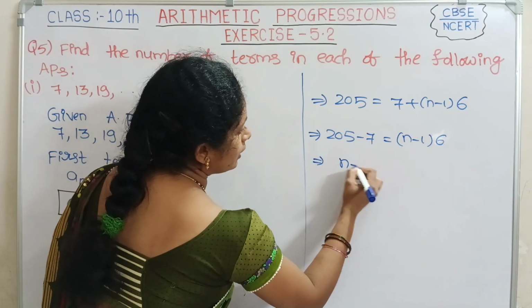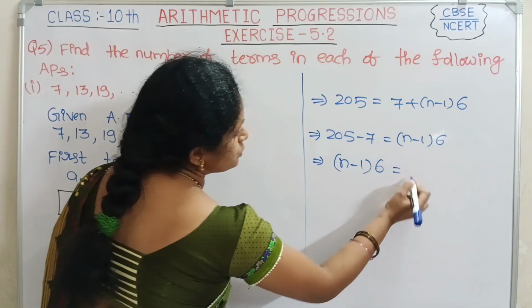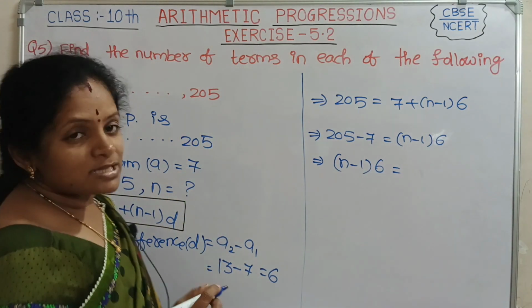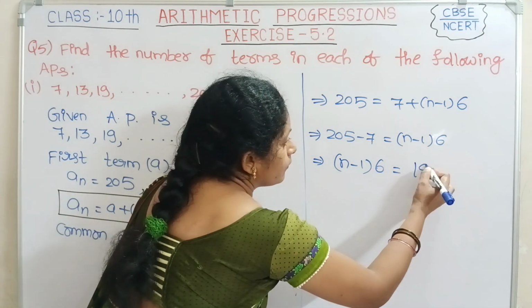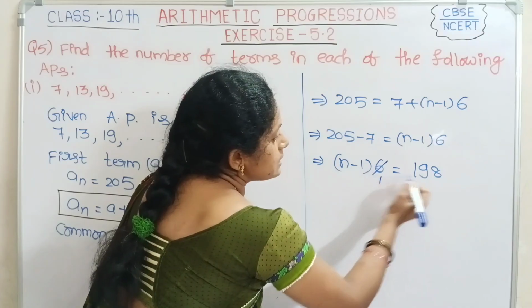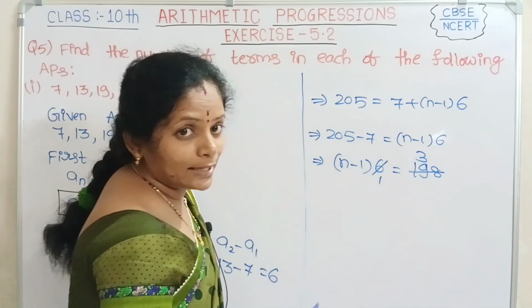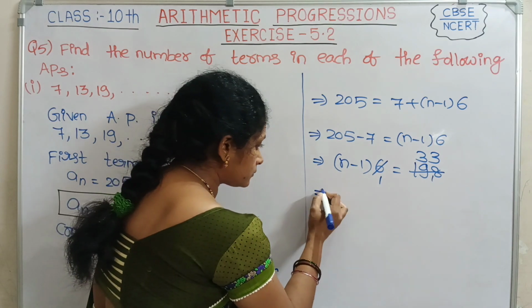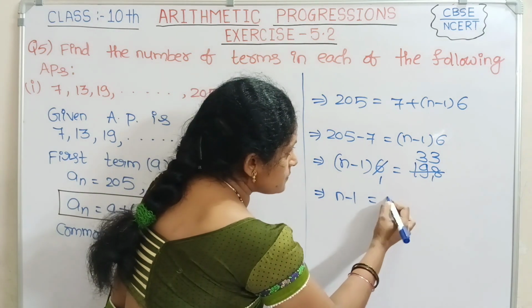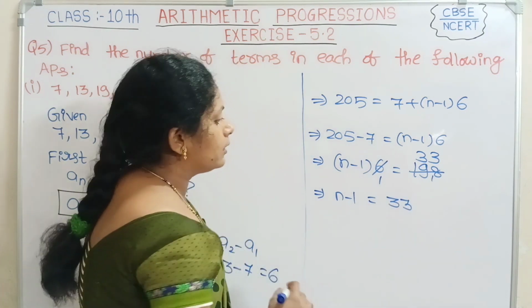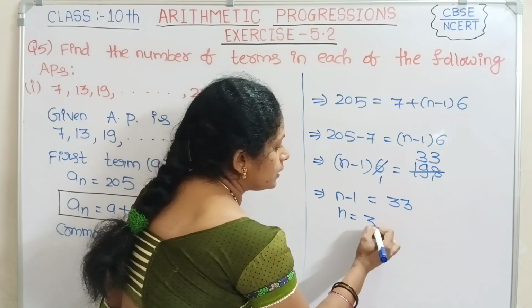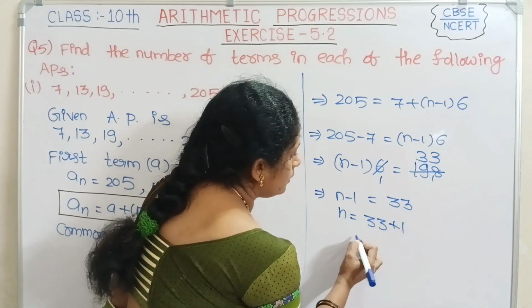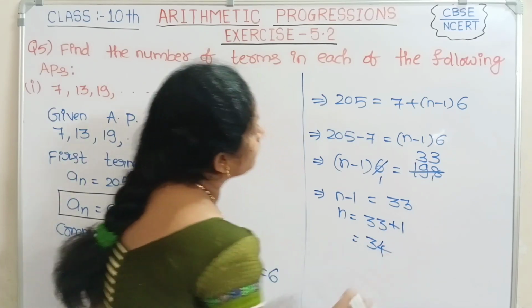Just to interchange here, n minus 1 into 6 equals 205 minus 7, which is 198. 6 ones are 6, 6 threes are 18, 1 is remaining, again 6 threes are 18. n minus 1 is equal to 33. n is equal to 33 plus 1, which is equal to 34.